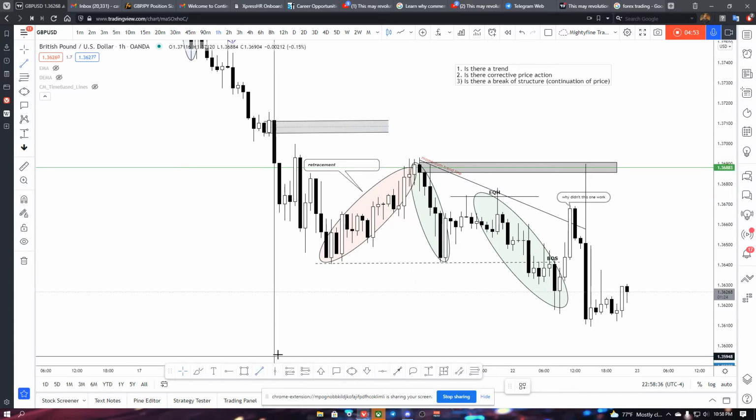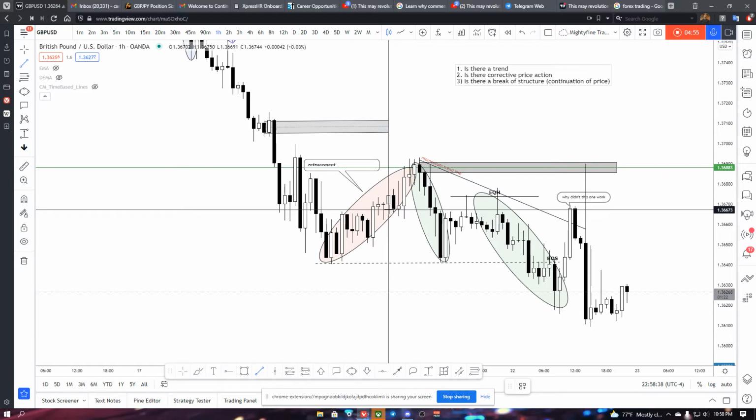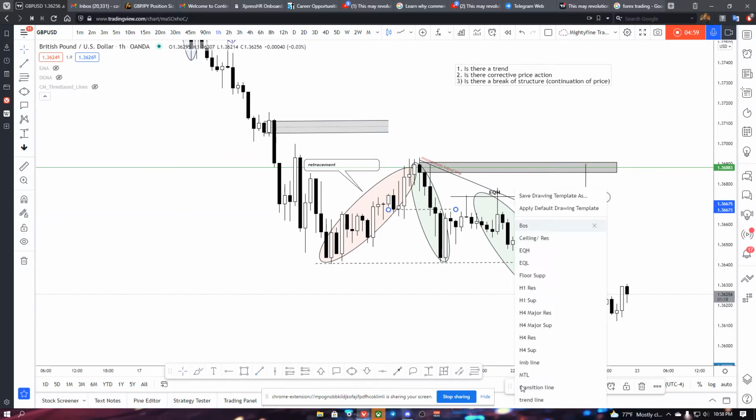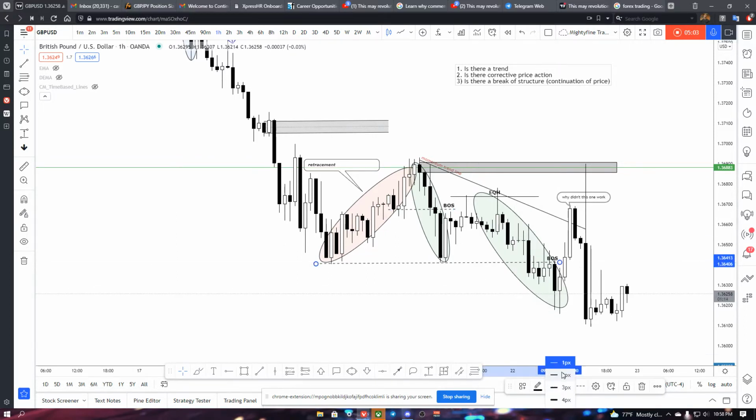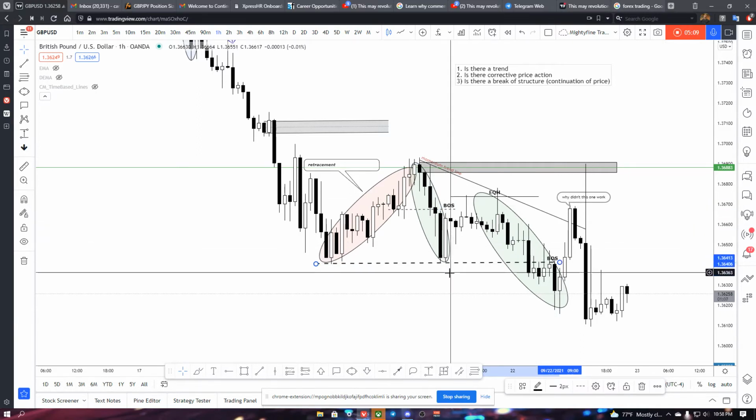and we can annotate that right over here. We'll just make this a little larger just for the sake of the video. But the thing is, price wasn't strong enough to break this structure point.